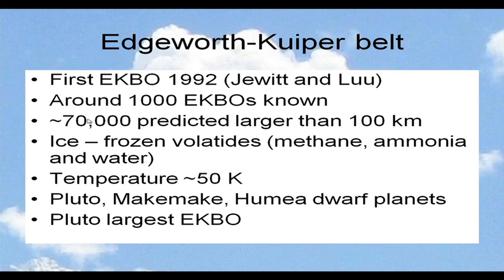1992. After that, around 1000 Edgeworth-Kuiper belt objects have been identified, and it is estimated that there are 70,000 objects larger than 100 kilometers in the Edgeworth-Kuiper belt. So, this was a tremendous revolution in our idea about the solar system.